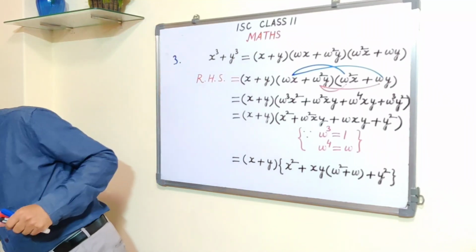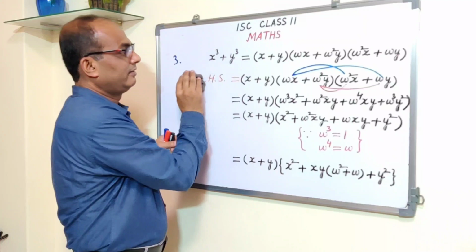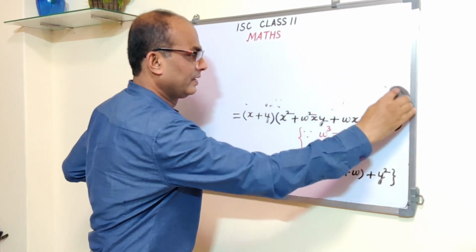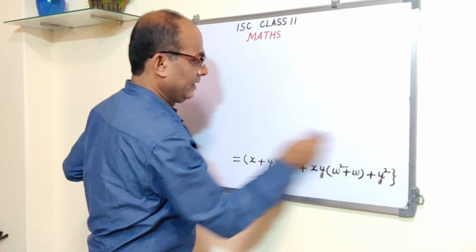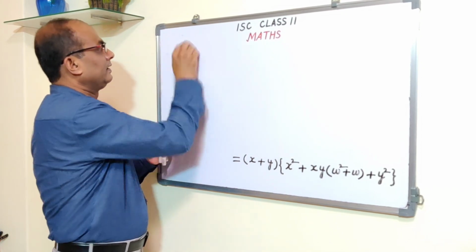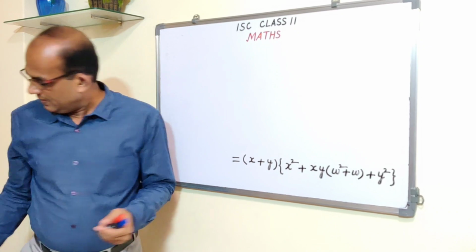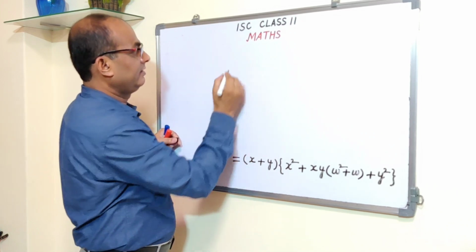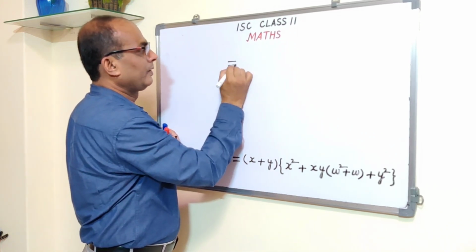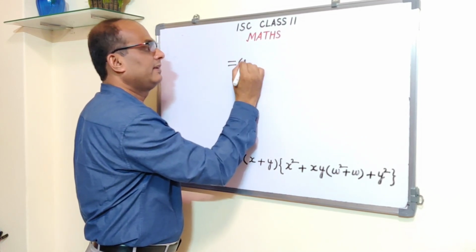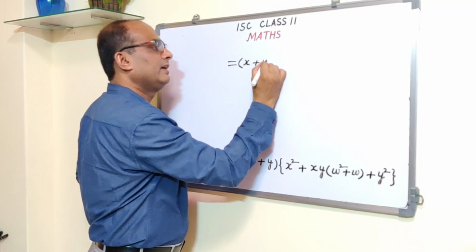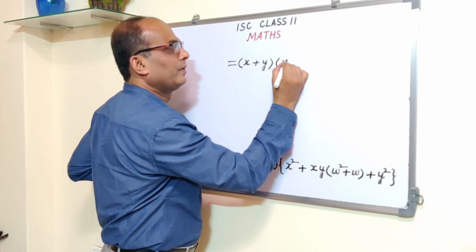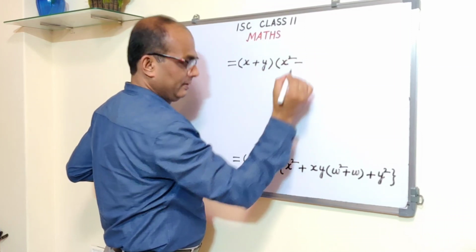So then we can write down, this is equal to x plus y as it is, x square plus xy.